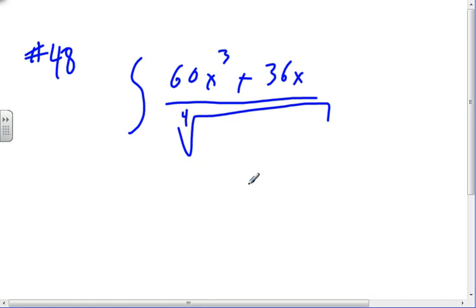The fourth root of 5x to the fourth plus 6x squared. Oh, the fourth root of that. 36 goes into there, 6 goes into there, x goes into there.